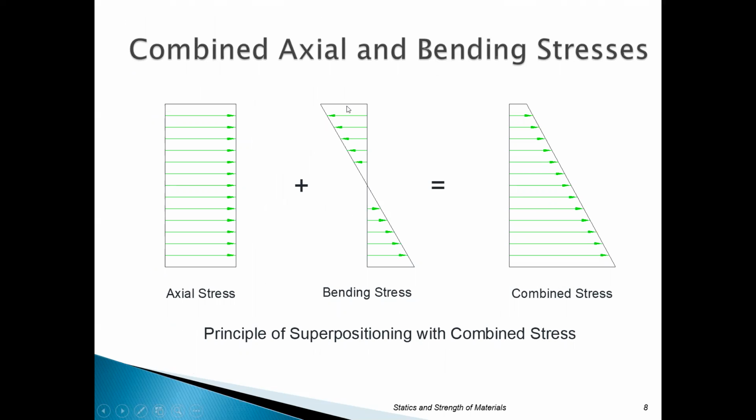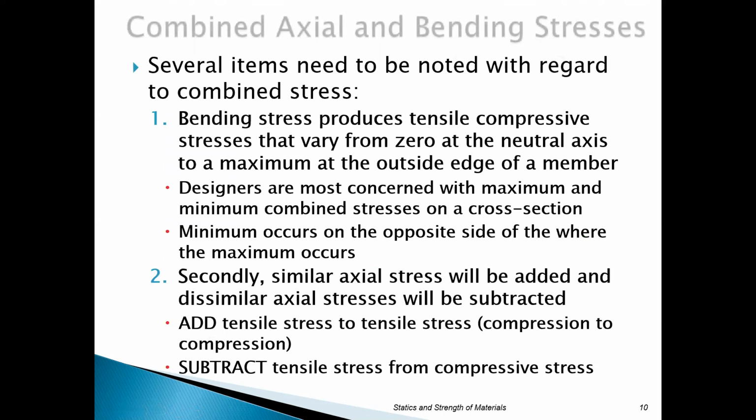It depends on which way your bending moment's going. If my bending moment's coming this way, it's compression at top, tension at the bottom. But at some point, there's typically that 0, which, for a rectangular cross-section, is going to be through the neutral axis. Okay, so that's what that was talking about. And it's usually a maximum at the outside edge.